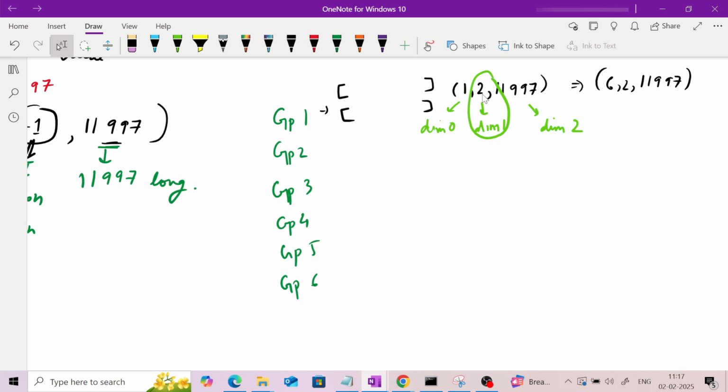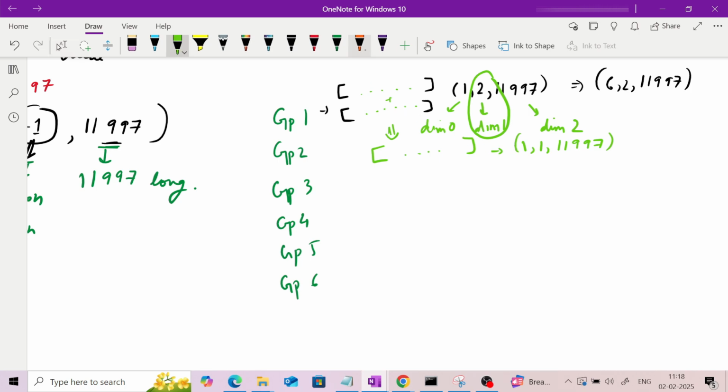If you sum this 3D vector via dimension 1, it will do element wise addition of all these arrays and give us a final single array whose dimension will be 1 by 1 by 11997.